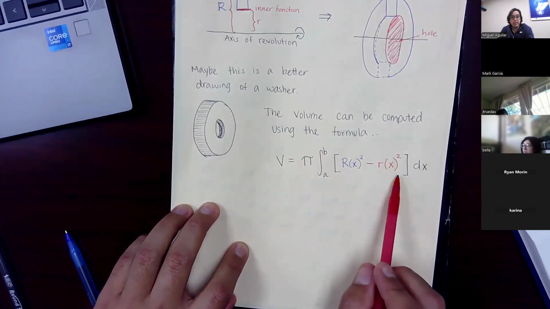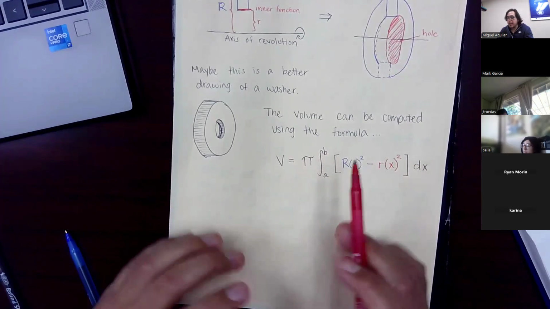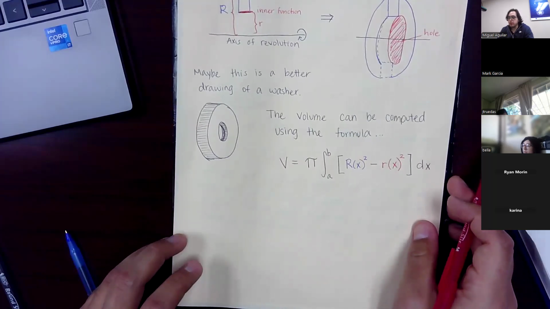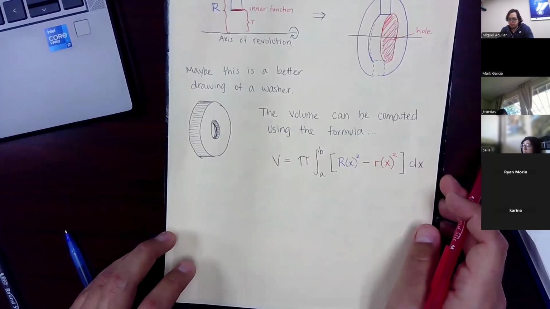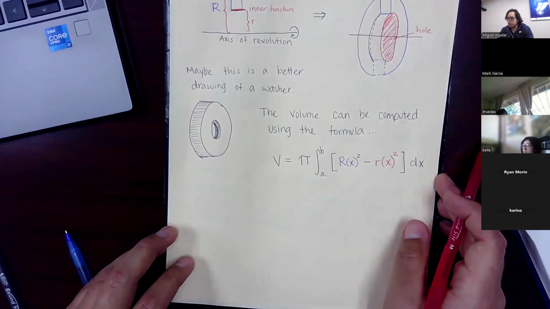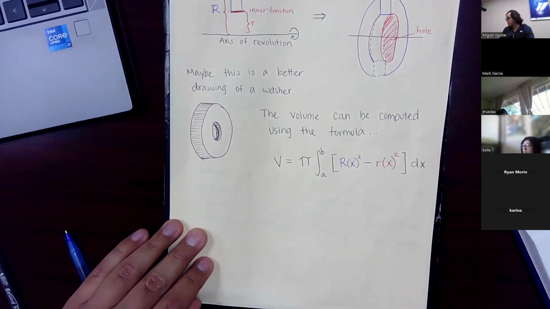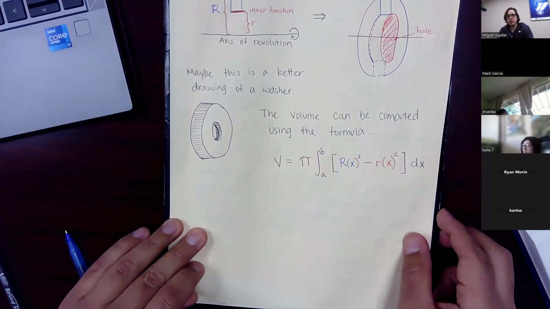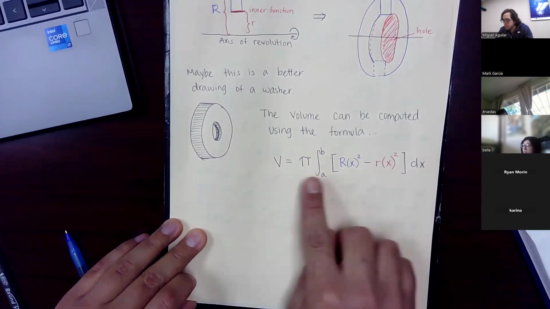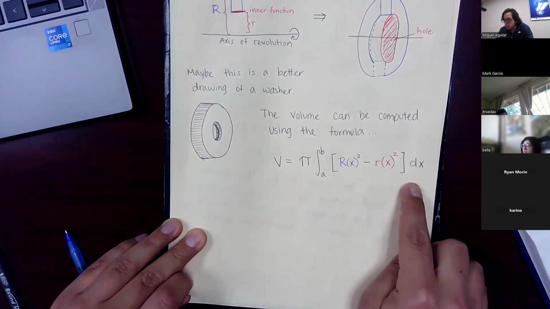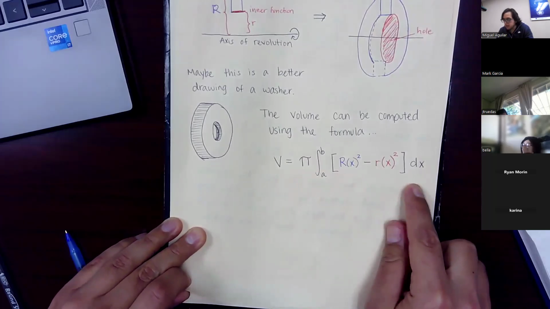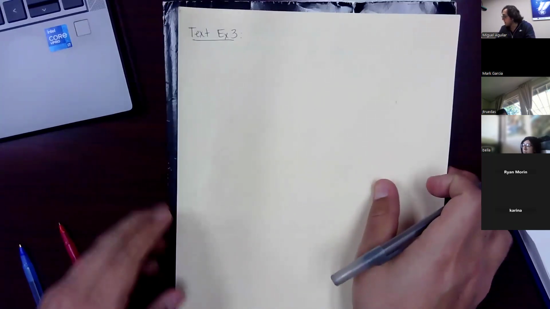Again, that's just a direct analogy to that area that we saw on the previous page of notes. Okay, so the most important thing to do here is write down this formula. I'm going to go to the next example, which I haven't written down, so this will give you guys a chance to write it down as well.